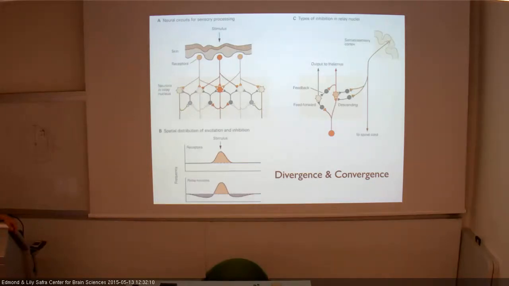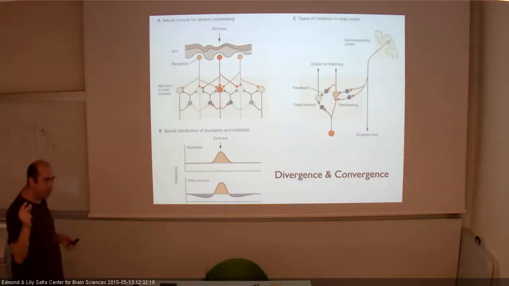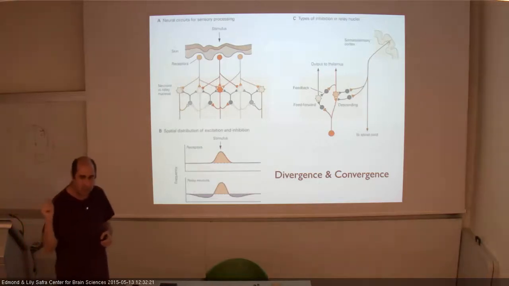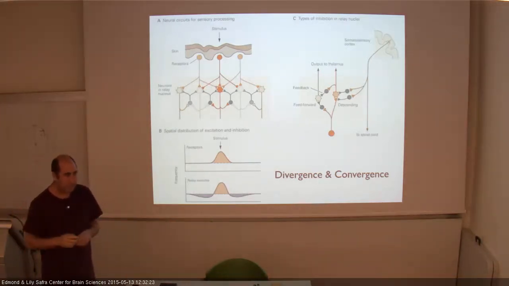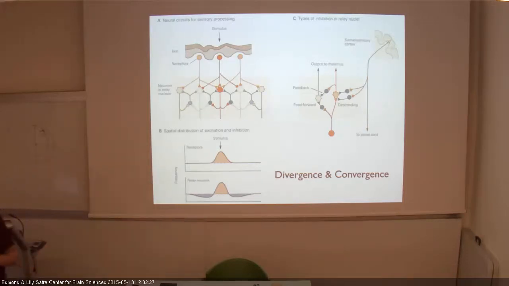Okay, you heard about the calyx of Held? In the auditory system, did Ali talk to you about how you do sound localization? You didn't study the auditory system. So in the auditory system, there's one very, very important and famous synapse.